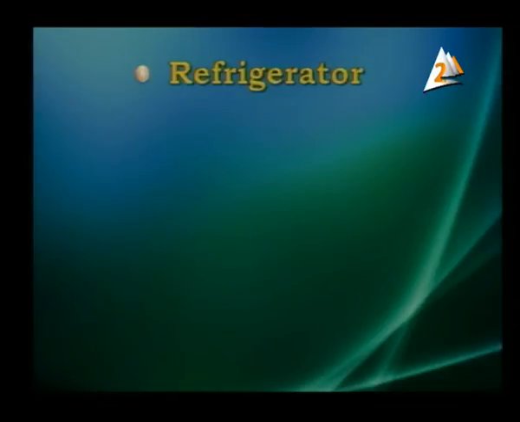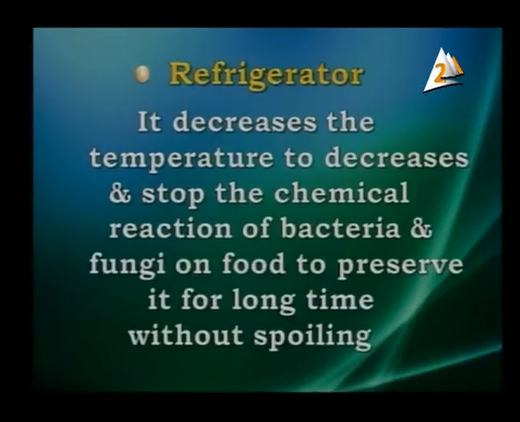Let's go to see another one. We have the refrigerator. What is the function of the refrigerator? I need you to know this. If you put food inside it, it decreases the temperature and stops the chemical reaction of bacteria and fungi on food, to preserve food for a longer time without spoiling. If there is reproduction of bacteria or fungi on food, this food will be spoiled.